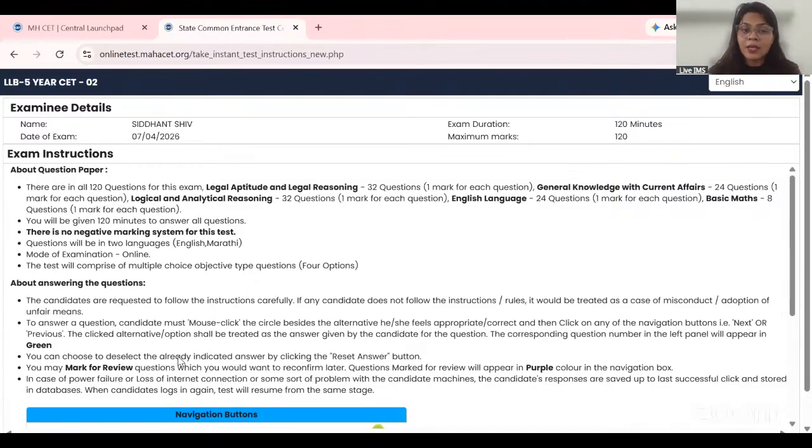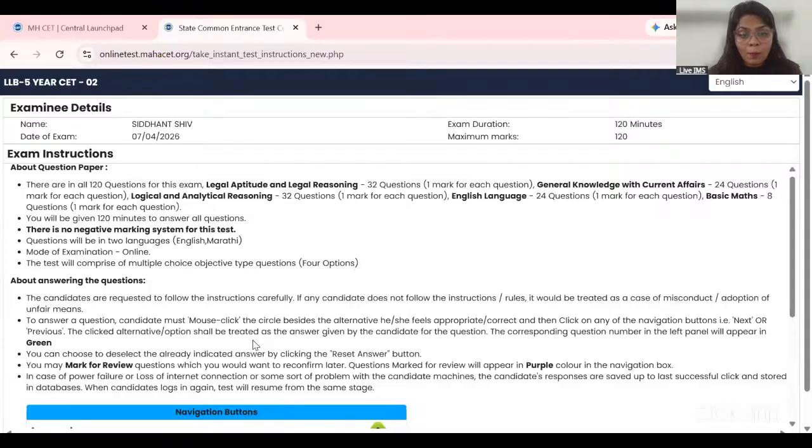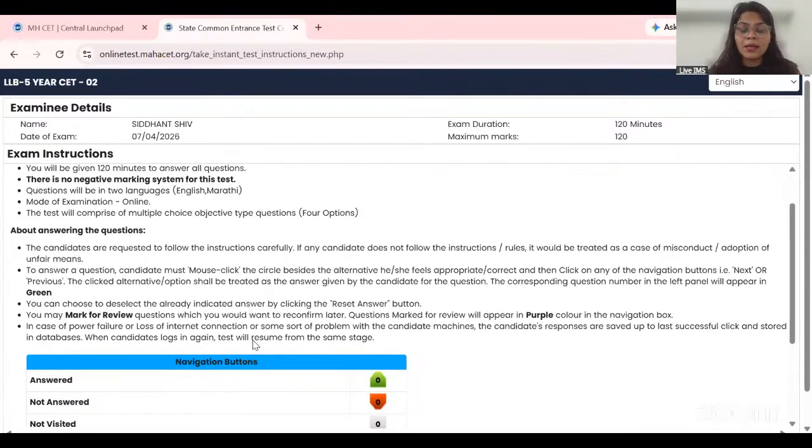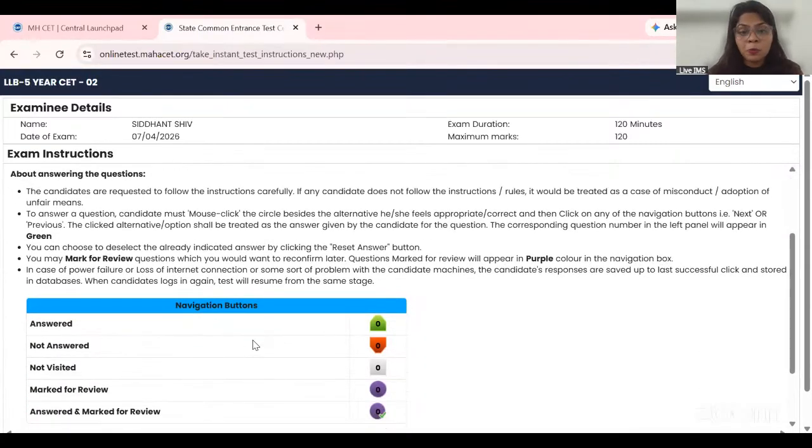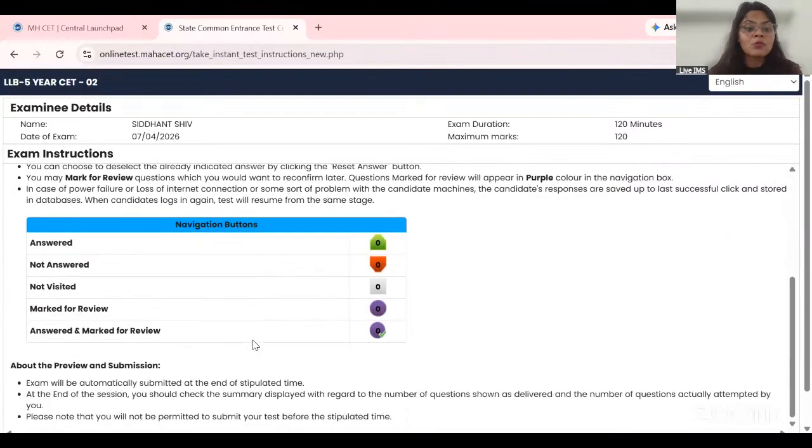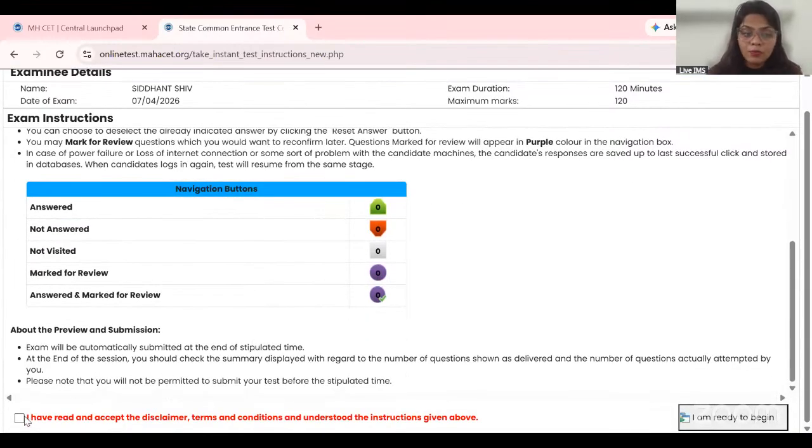Even though you have attempted this exam before and you know the pattern, I would still recommend that you read the exam instructions properly, because this is going to be helpful for you during the exam. One more thing: there's no negative marking in this exam, so we are not going to skip any question. We will be marking all the questions.